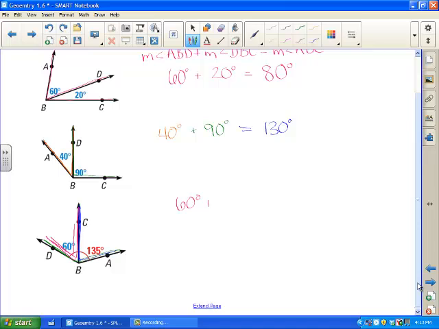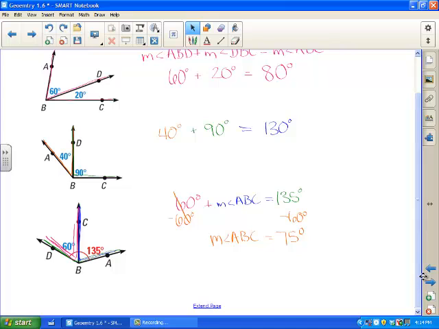Algebraically, I'll have 60 degrees, which is the measure of angle DBC, plus the measure of angle ABC, which is my variable, equal to 135 degrees, the measure of the whole angle, angle ABD. To solve this equation, I need to subtract 60 from both sides, which leaves me with the measure of angle ABC equaling 75 degrees. That's the end of section 1-6.